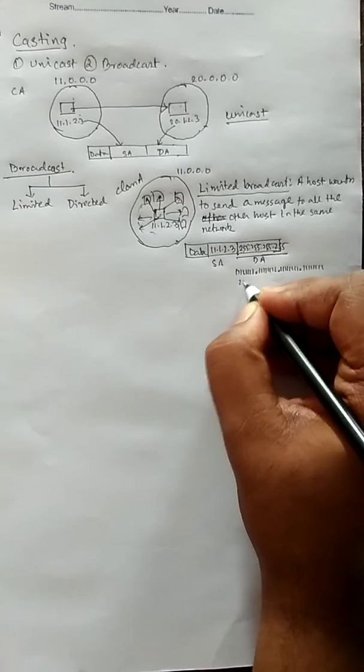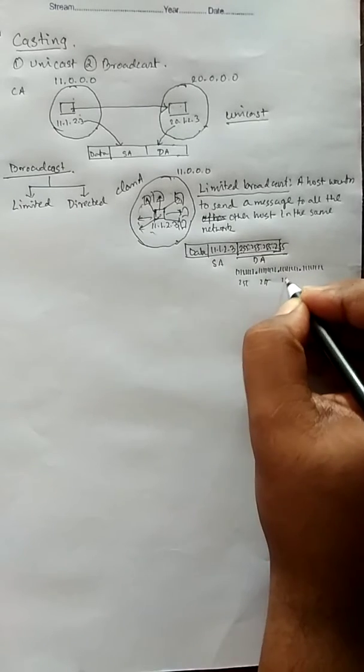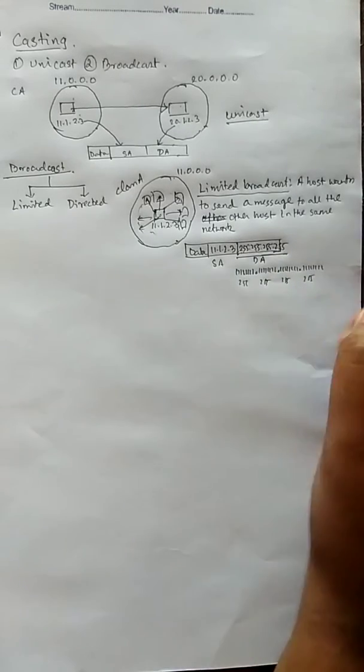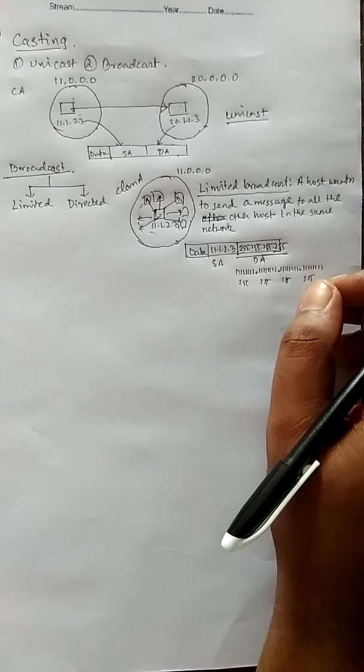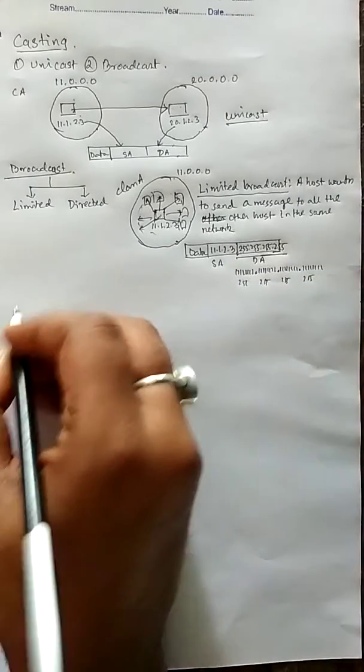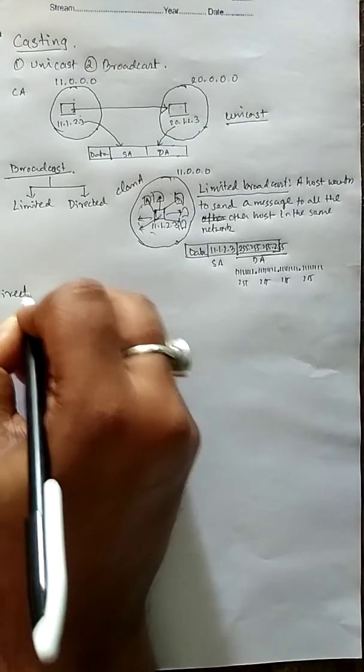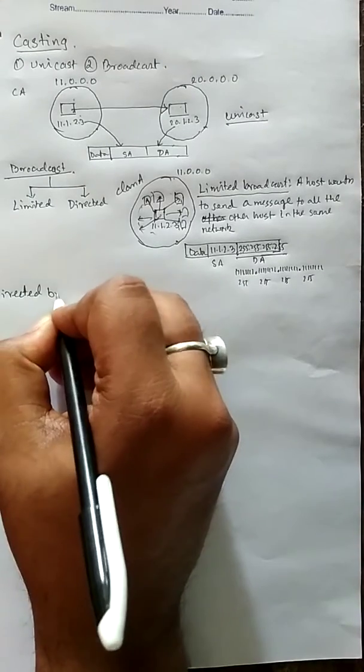So this is 255, 255, 255, 255. This is the limited broadcast address. Now let us talk about directed broadcasting. Next we will find directed broadcasting.